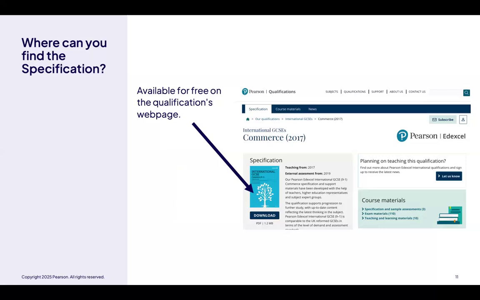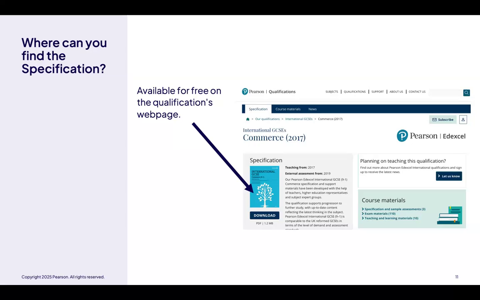Now, all of this is contained within the specification. Now, I hope you've had chance, if you're in your first year with this qualification, or whether you're exploring this qualification, the specification is the first port of call.